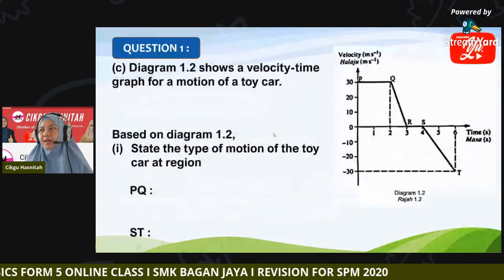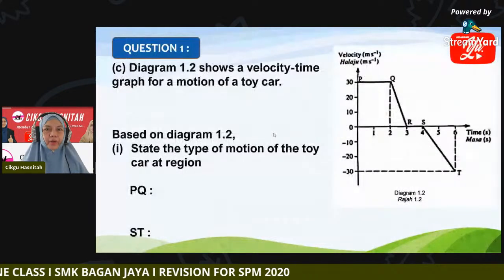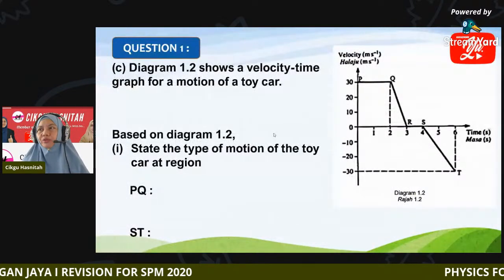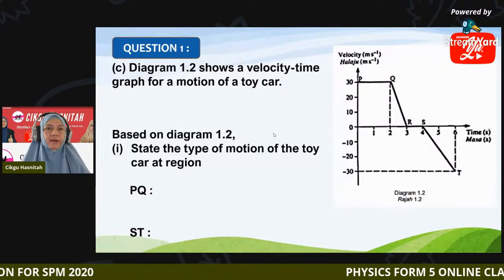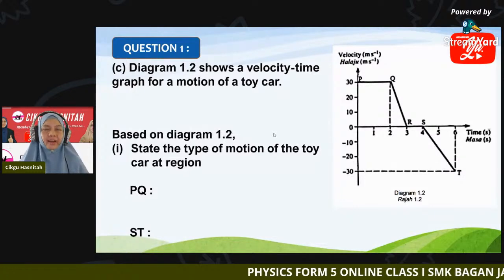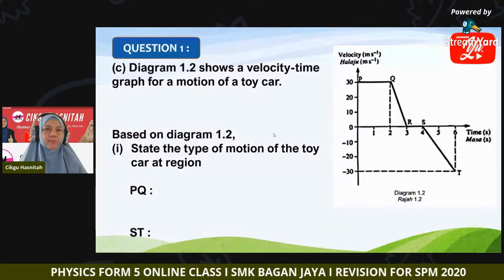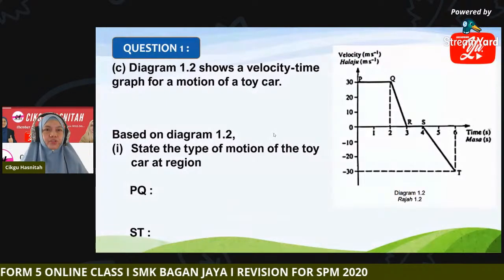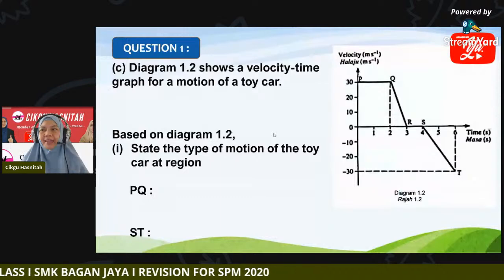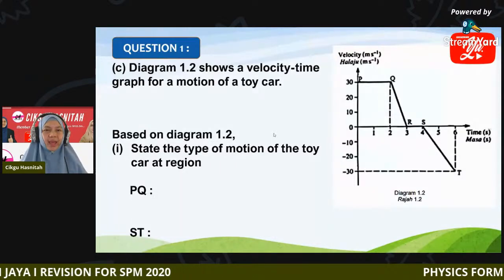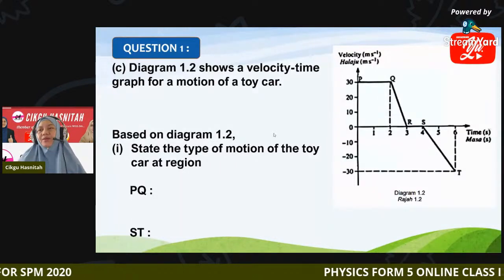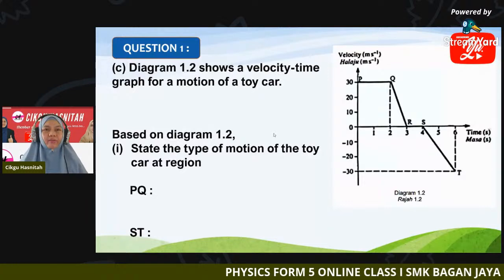Now you are given diagram 1.2. Diagram 1.2 is a velocity-time graph for a toy car. Based on this diagram, number 1, state the type of motion of the toy car at regions PQ and ST. So what happened to the toy car at region PQ?